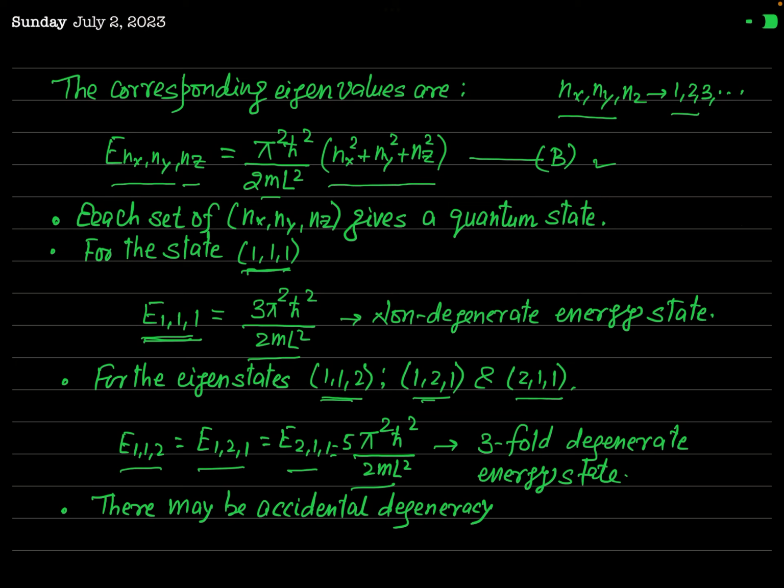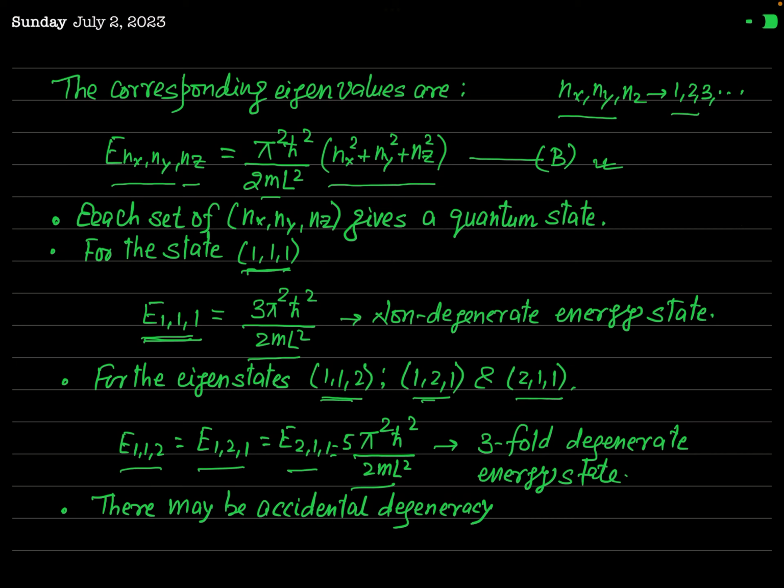In fact, apart from this degeneracy, there are some accidental degeneracies too. Now, according to equation B, the energy eigenvalue is discrete, and so we say that this is the quantum feature of the electron, because the energy eigenvalues are not continuous.